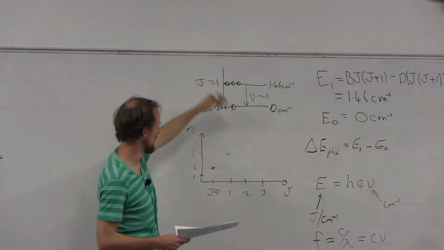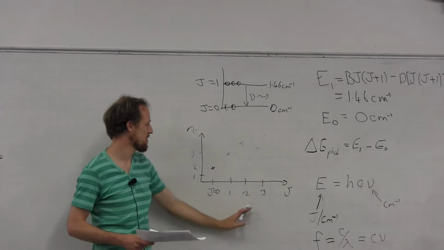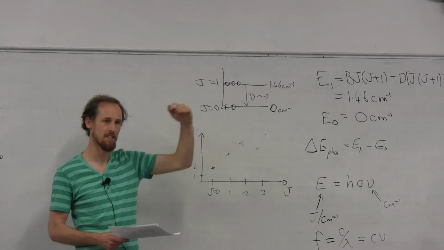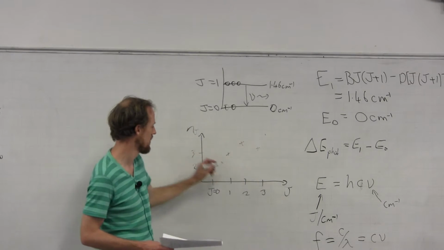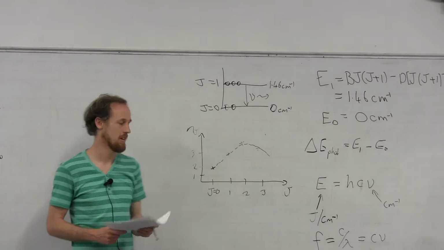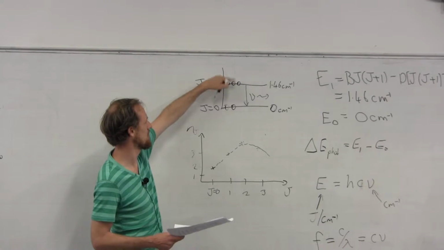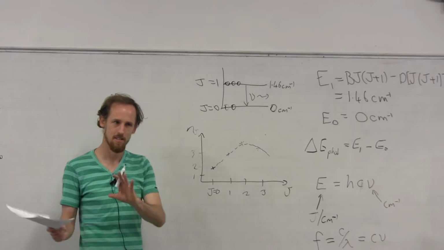Maybe if we had more than 2 levels, we'd also draw some other states. And because we're dealing with quantum physics, there are only discrete levels, so there are only points we can draw, although we could, in principle, draw a curve connecting those as well, just to make the shape clearer. And the shape of this curve, how many molecules are in each level, depends on the temperature.